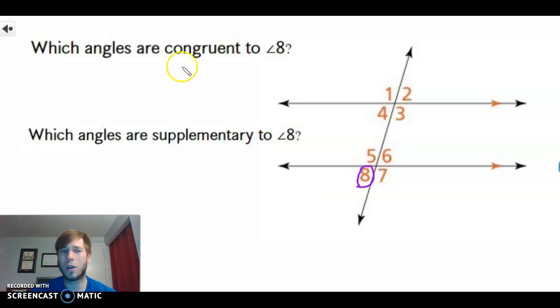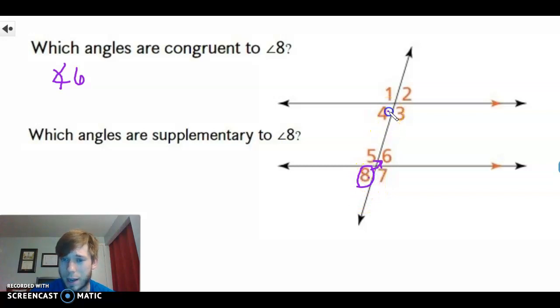All right, so there are 3 other angles that are congruent to angle 8. So first one we can see is angle 6, which is directly across from it, forming that nice vertical angle. Okay, we can find corresponding angles.